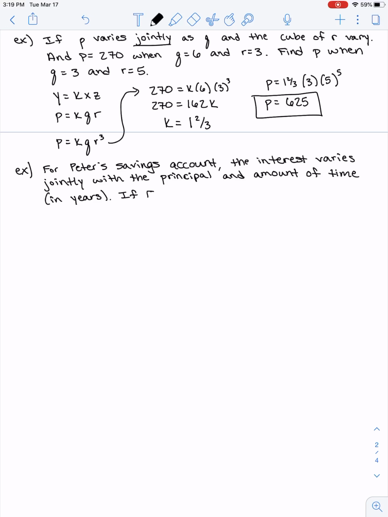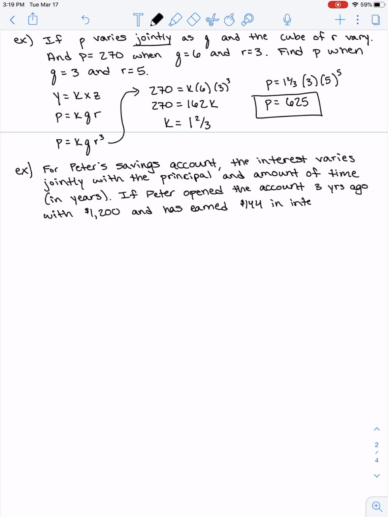If Peter opened the account three years ago with $1,200 and has earned $144 so far in interest.